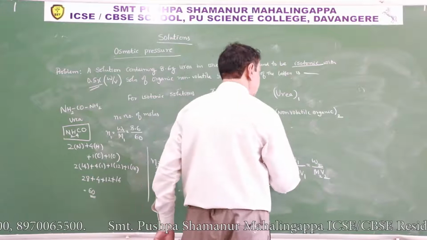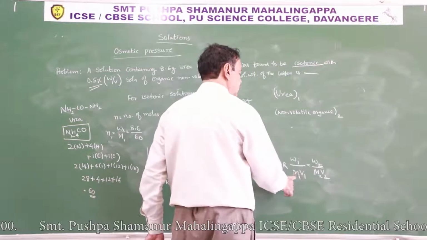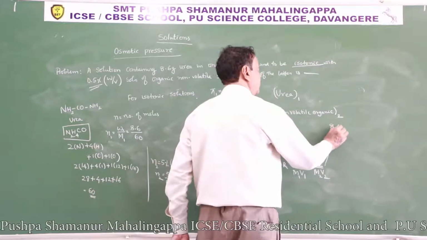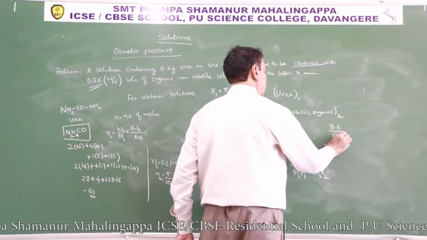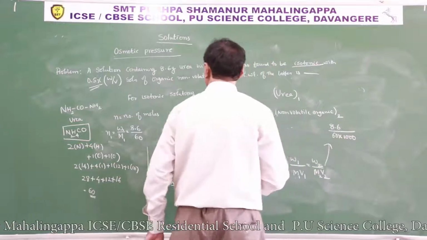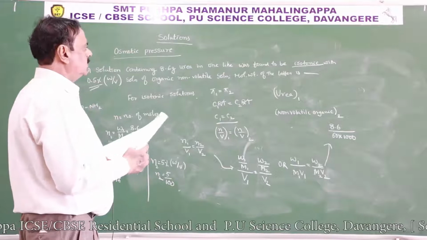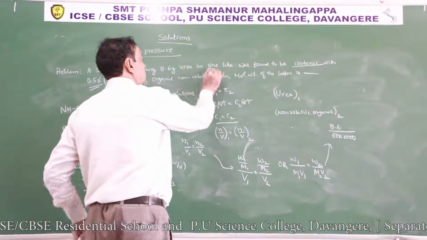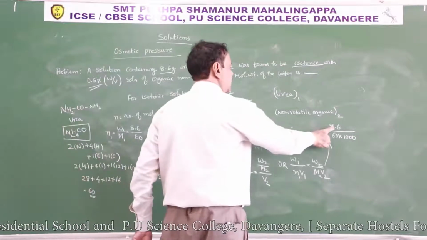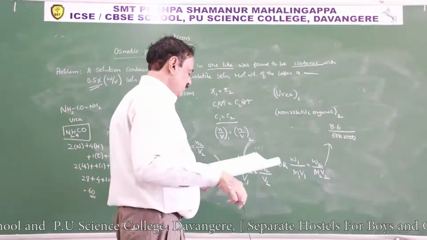W1 is given, 8.6 divided by 60 into 1000, since 8.6 gram is present in 1000 ml, whose molecular mass is 60.